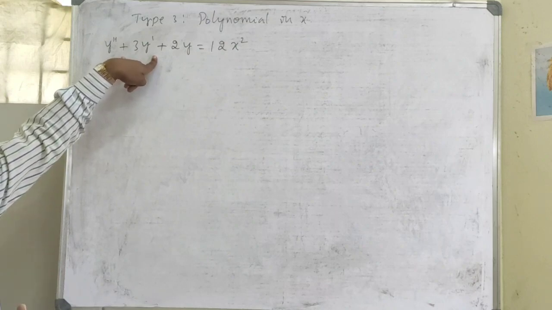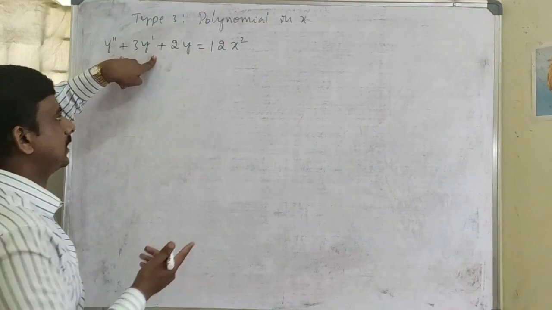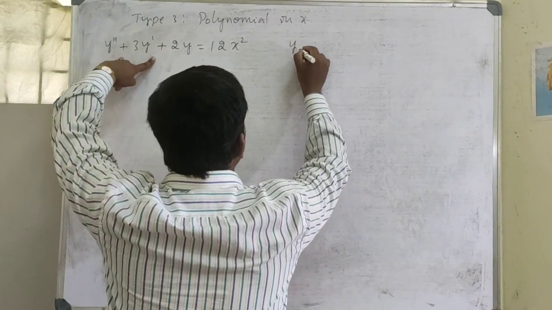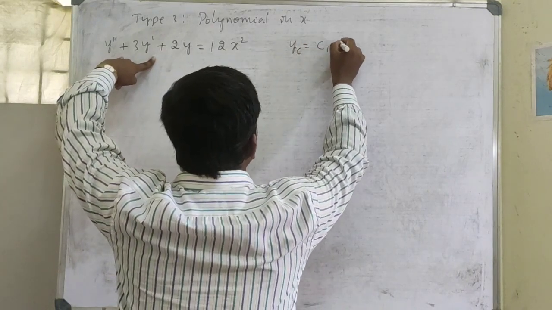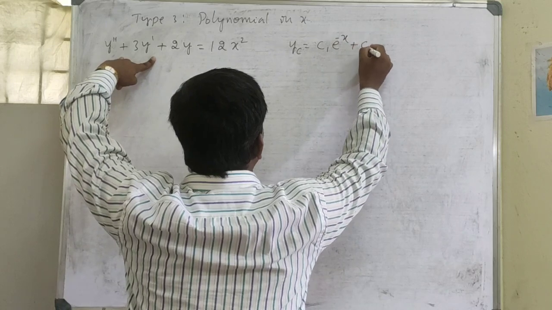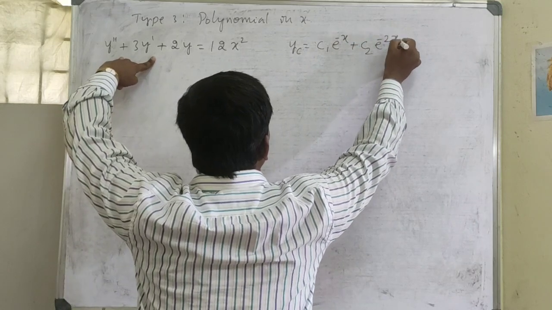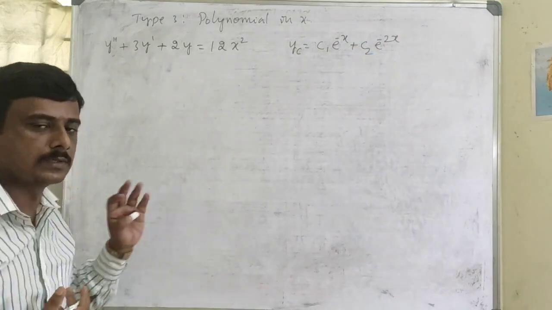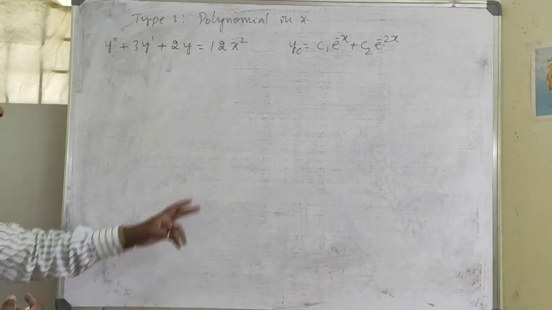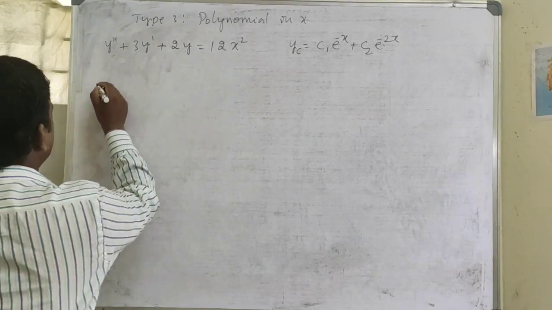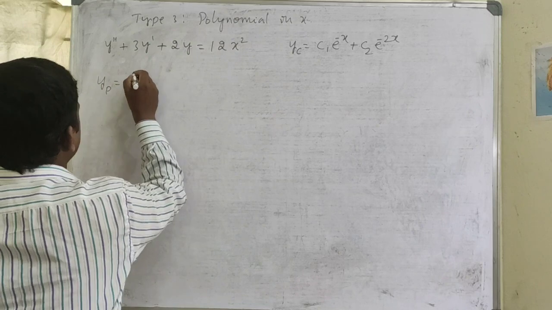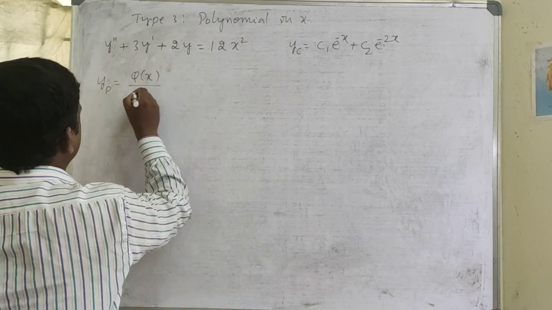So m plus 1 into m plus 2 equal to 0. So m equal to minus 1, minus 2. Yc is c1 e power minus x plus c2 e power minus 2x. So no problem with that, that I can directly write. Now I need to find yp. Yp equal to phi of x divided by f of d.